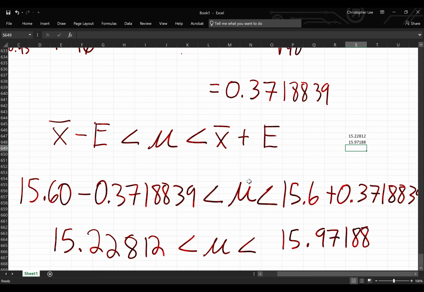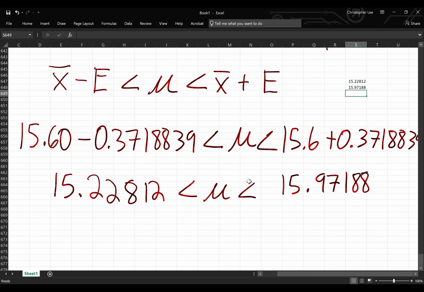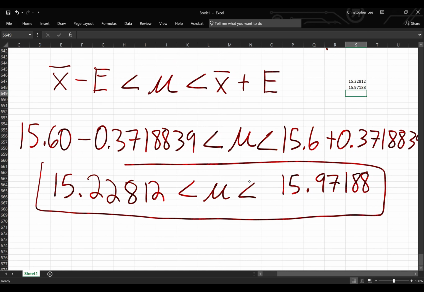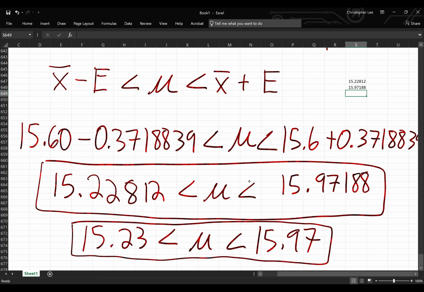Because my sample mean was to the nearest hundredth, you can round this off to the nearest hundredth. I personally don't like to round. I'm okay with this answer, but because of the sample mean, I would accept 15.23 less than mu, less than 15.97.